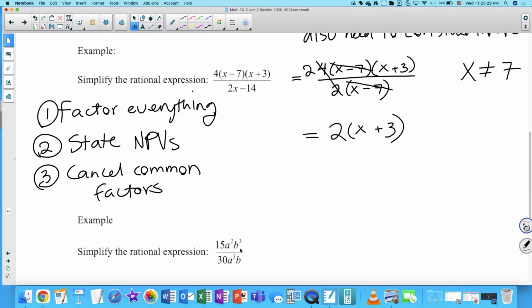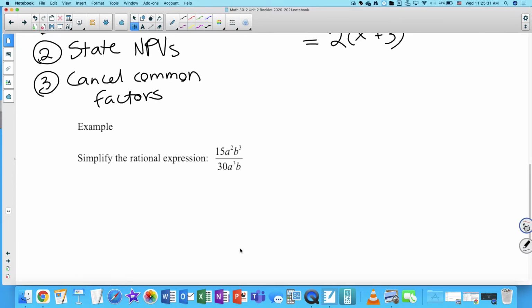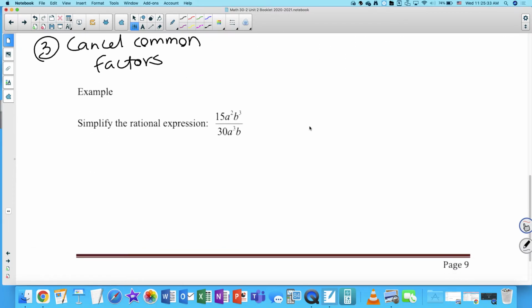Okay, let's try another one. Simplify this rational expression. Okay, well, this is a monomial over a monomial. So there's actually nothing to factor here. We just want to cancel any common factors between the numbers, between the a's, and between the b's.